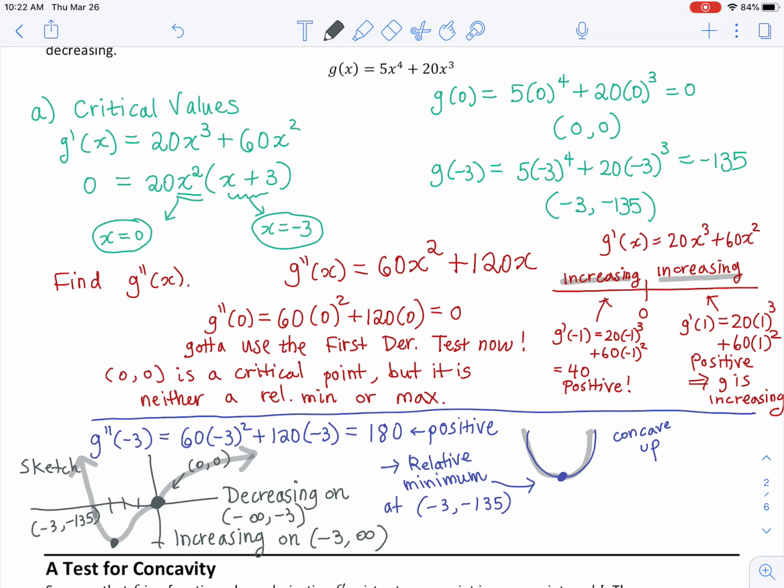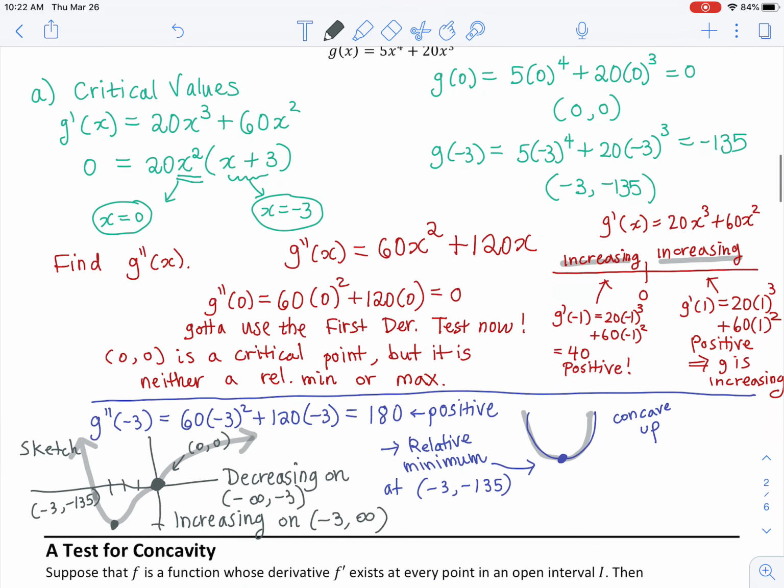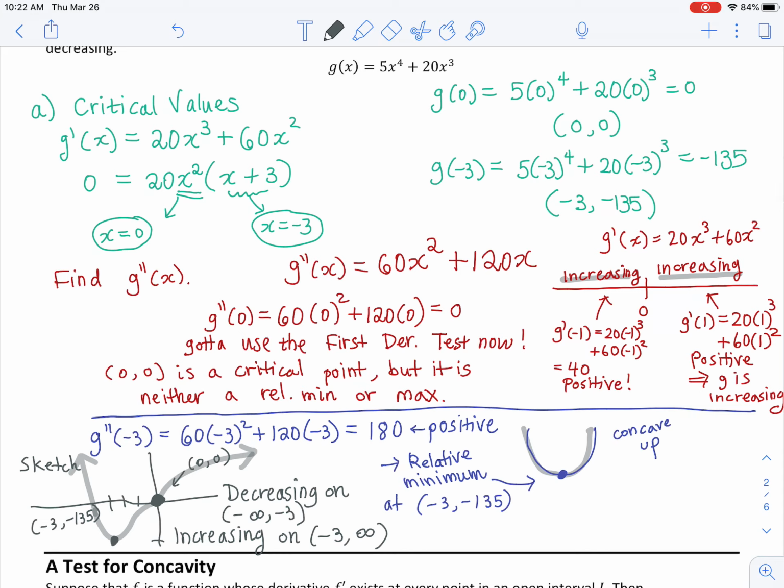I will separate this interval into -3 to 0 and 0 to +infinity. And I was doing your homework before I assign it to you, I always try to do it. And when I typed it in as two separate interval notations, they didn't like it. So if it does that when you're doing your homework, just type it as a single interval. I don't agree with it, but well, like this. The entire thing was increasing from -3 to +infinity.